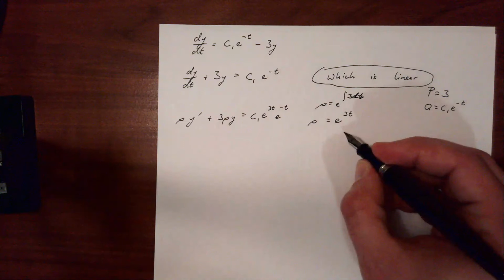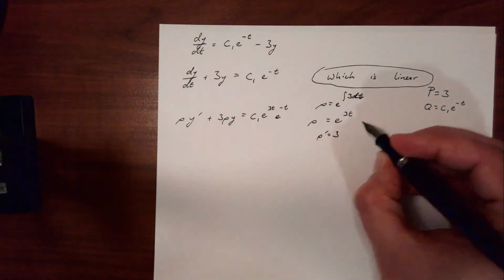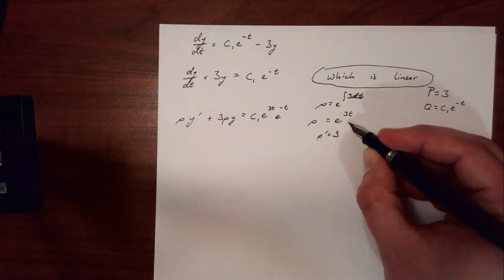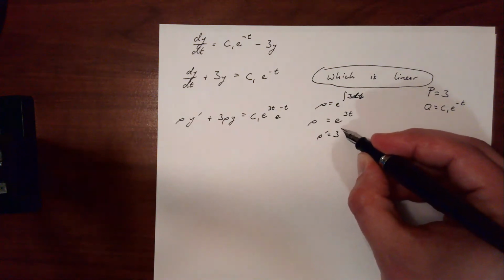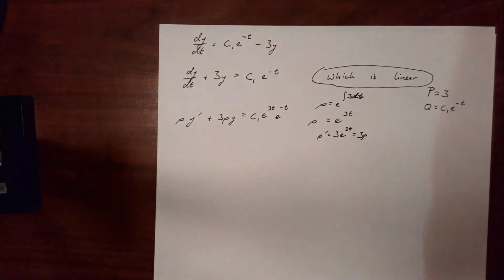And on this side, notice then that rho prime would equal 3 times e to the 3t, which equals 3 rho. So that's nice.